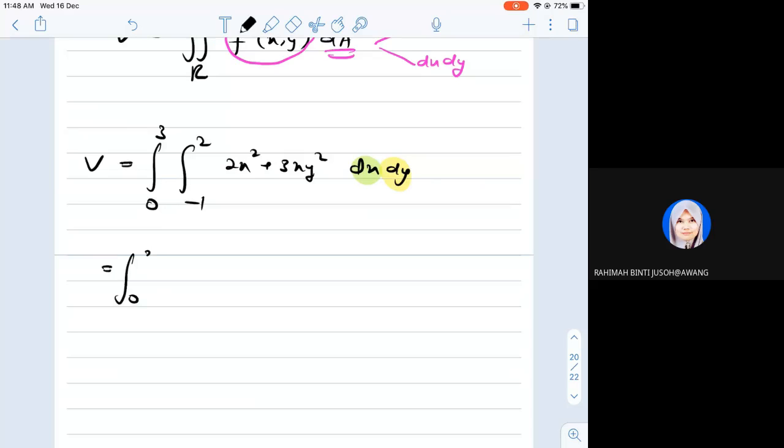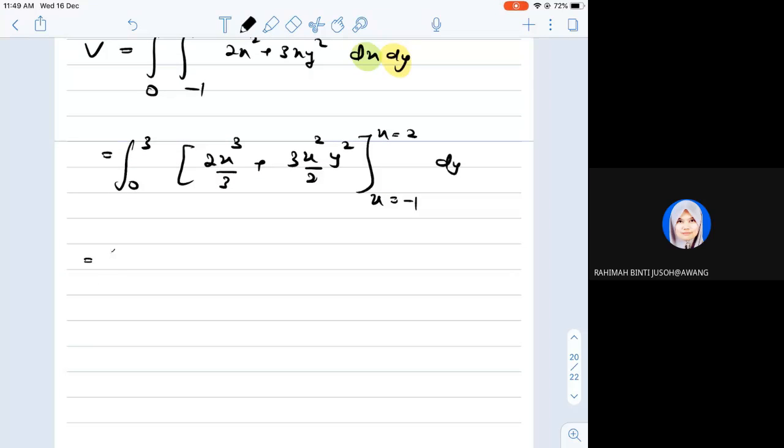Equals 0 until 3, integrate 2x squared, so it becomes 2x cubed over 3 plus 3xy squared, 3x squared over 2 lah. So y squared just maintain sebab y is just constant. So copy balik saja. Substitute x equals -1 and x equals 2, dy.